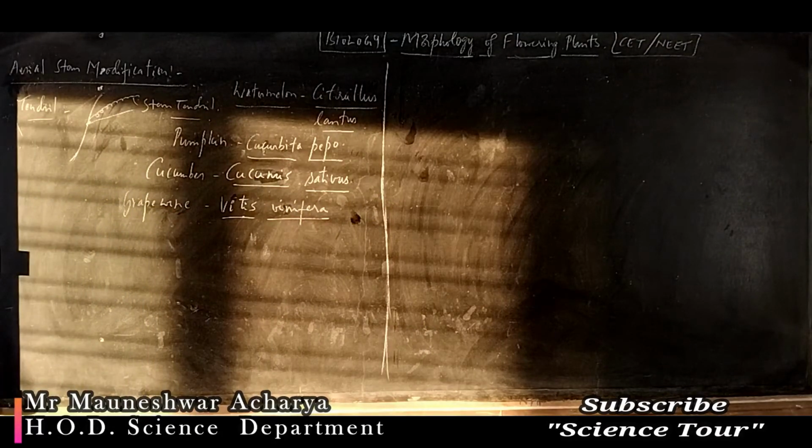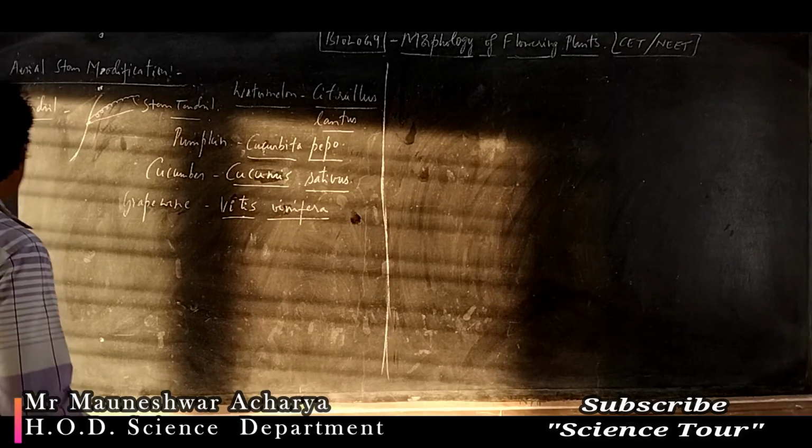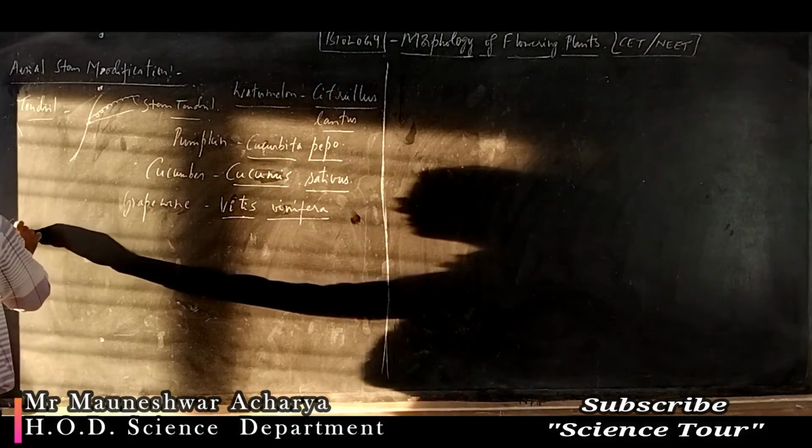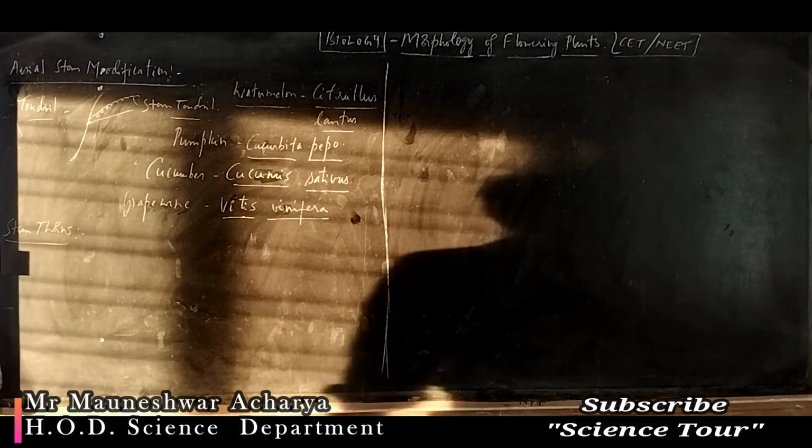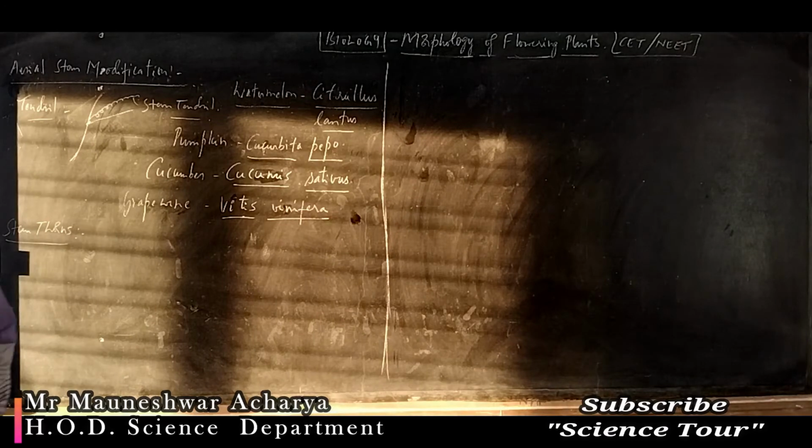Then stem thorns. So the axillary buds may grow into woody, straight and pointed thorns, that is called stem thorns. Stem thorns you can see in the case of plants like citrus plants.